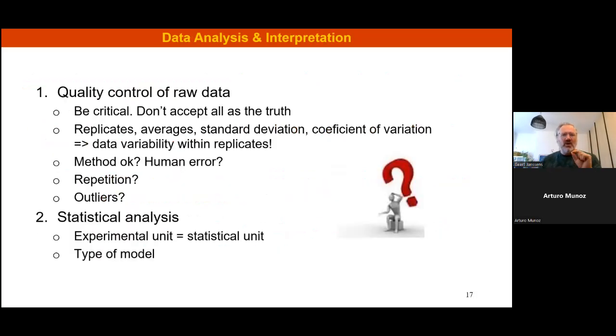Okay, once you have done all the work, I'm making a big step now, already past having done the work. There are two important things that you need to consider: the quality control of your raw data. So meaning, be critical. Don't accept that everything you find is really true. Always evaluate whether there have been any errors in the machines, or human errors that have occurred.